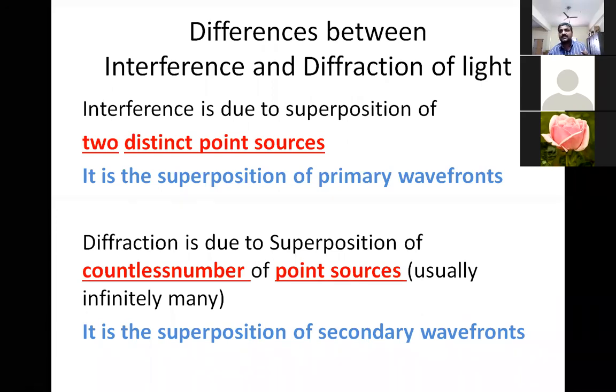So in diffraction, usually the secondary waves will be superposing with each other, whereas in interference, the primary waves will be superposing with each other. You may have an immediate question: what is a primary wave and what is a secondary wave? So I'll move to the next one, which is Huygens wave theory. From there, you can understand what is a primary wave and what is a secondary wave.